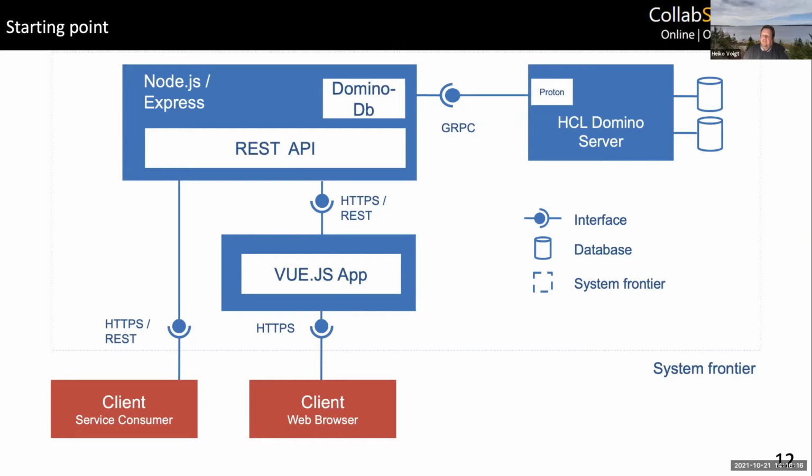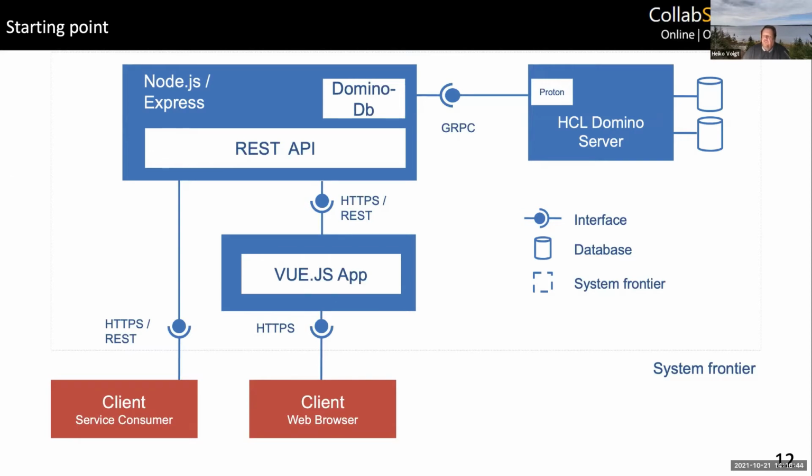this application has been there before. It has been built using the Domino App Pack before. So in the initial version that we have built, we have built a REST API for this application and used DominoDB and the Proton task to talk to Domino. It built a VUE.JS application that is hosted on an Nginx reverse proxy and then downloaded to the client in the web browser.